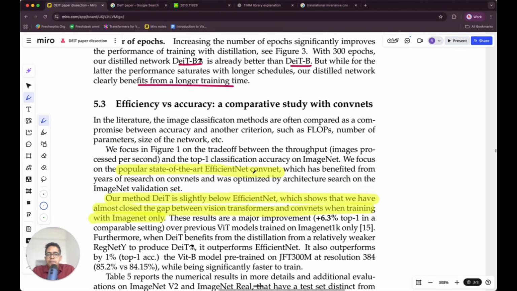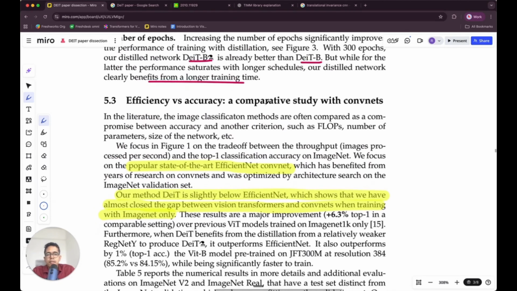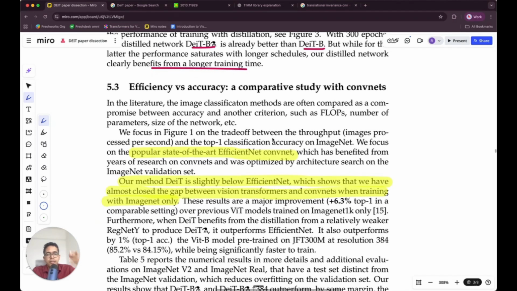Okay. Now, efficiency versus accuracy. We saw this in figure 1 actually. Efficiency on the x-axis, it was the speed, right? Images processed per second. Y-axis was accuracy. A comparative study with ConvNets. In literature, the image classification methods are often compared as a compromise between accuracy and another criterion, such as flops.